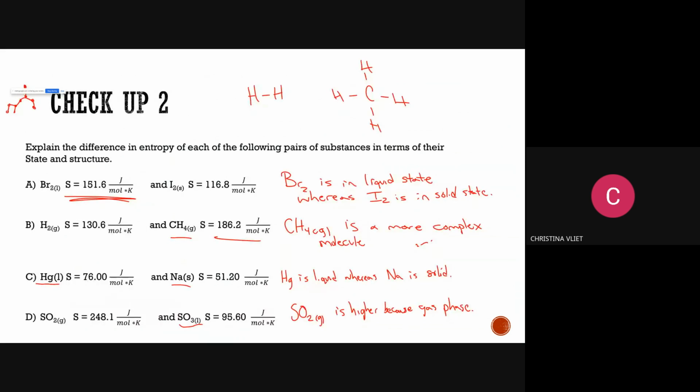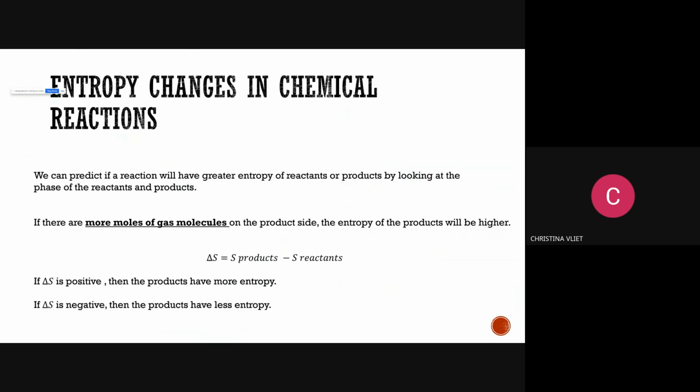It's the same as calculating delta HFs back in AS Chem, where you did products minus reactants. Same ideas are going to be at play here. And you're actually going to be calculating delta HFs again next class. I know you're so excited for that, because we need delta HFs for finding the energy that's available in a chemical reaction.